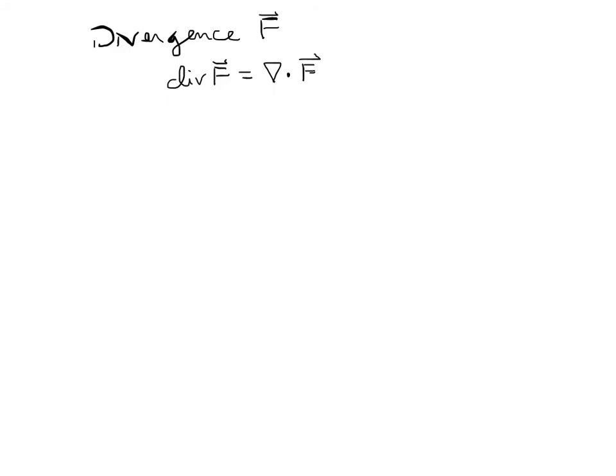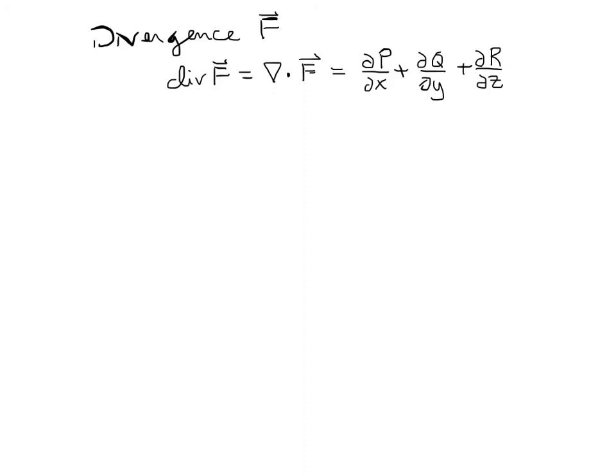So it's that gradient of nothing again, dotted with the vector field. And if you do this dot product, you are going to get the partial of P, which is the x component of the vector field, with respect to x, plus the partial of the y component with respect to y, plus the partial of the z component, which is R, with respect to z.